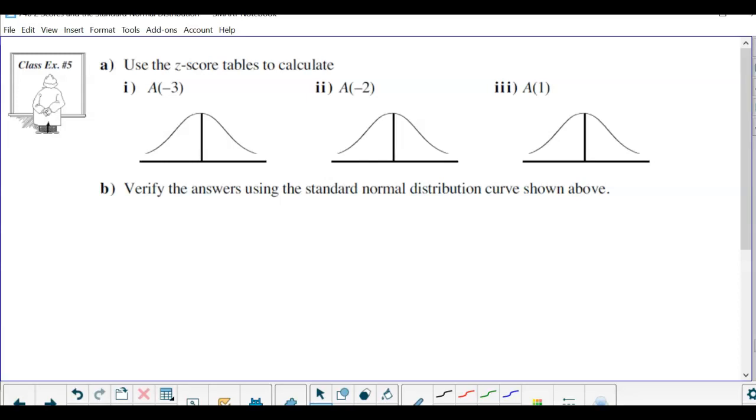So, if we're asked to calculate the area, A means area, for the z-score of -3. It's often nice when you're doing these questions to draw a little bell curve, with a horizontal axis and a vertical line through the middle, okay? -3 would be about there, right?